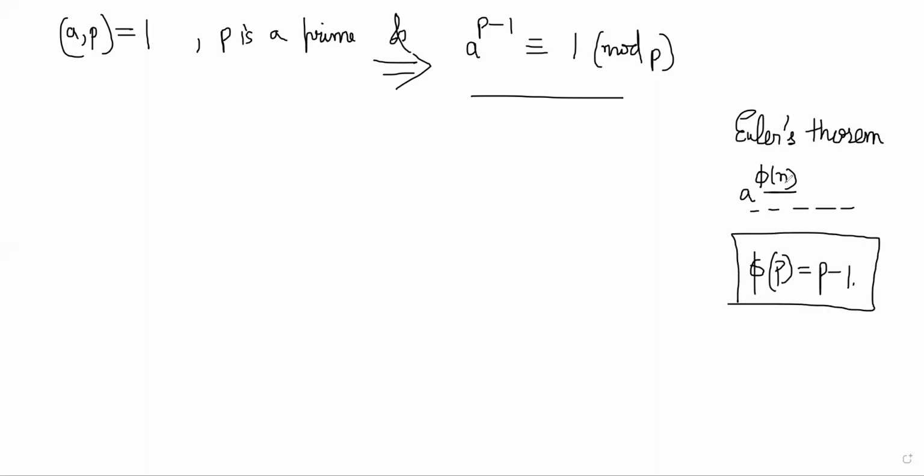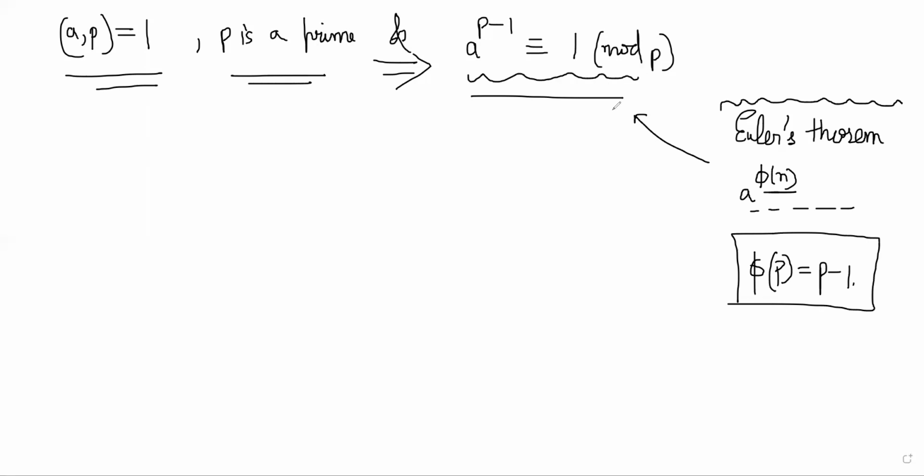In general, phi of n is not p minus 1. We will see Euler's theorem later and discuss that. But for now, just remember that these two conditions are essential.